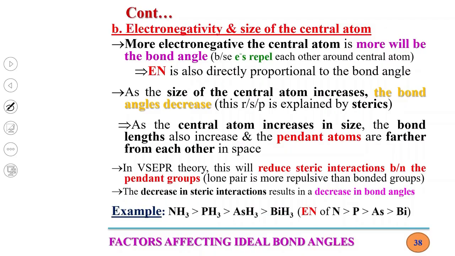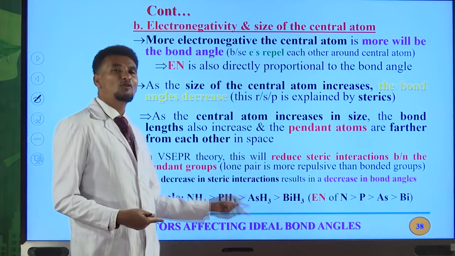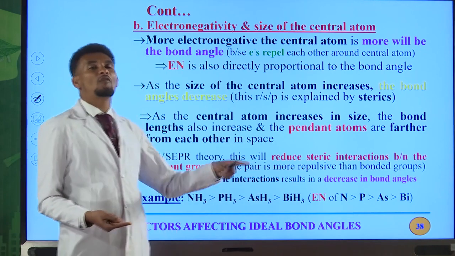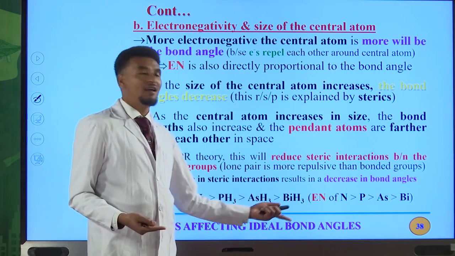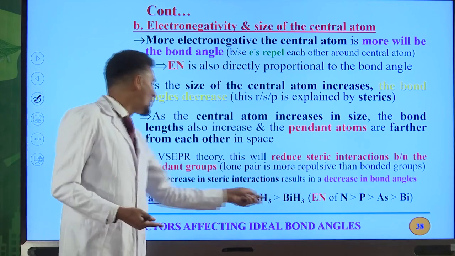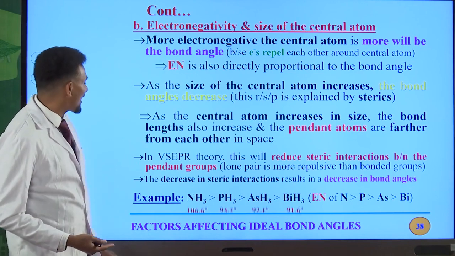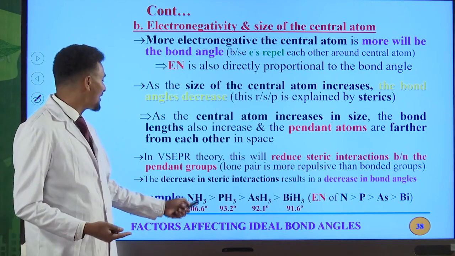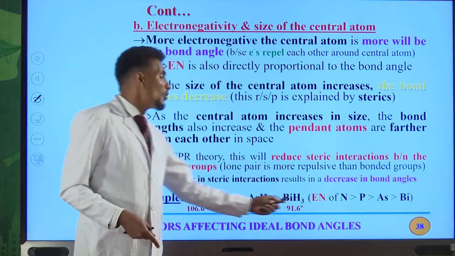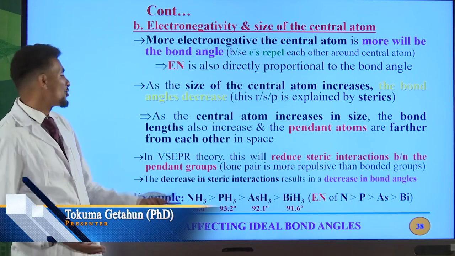The electronegativity of nitrogen is greater than that of phosphorus, phosphorus is greater than arsenic, and arsenic is greater than Bi. As electronegativity increases from this one to this one, the bond angle also increases. The bond angle for this one is 106.6, almost 107, and it decreases. Why? Because electronegativity decreases. They are directly proportional.